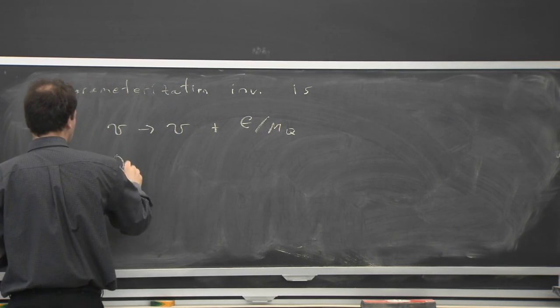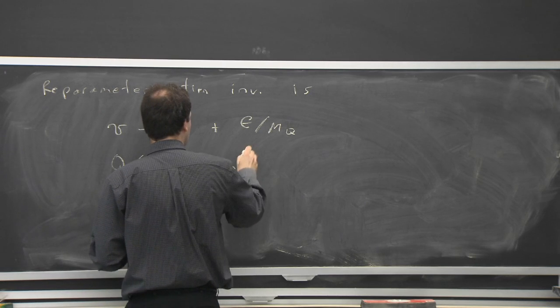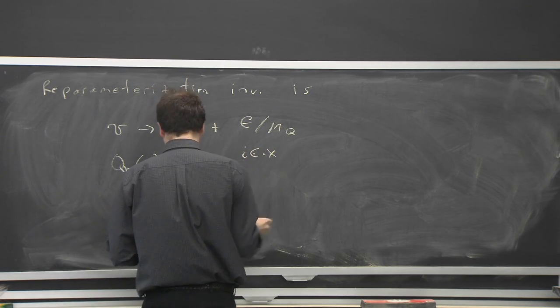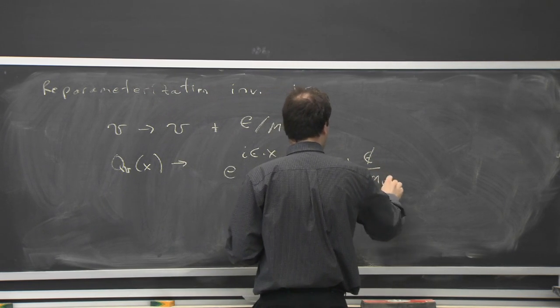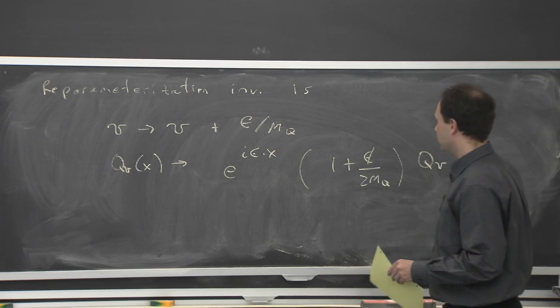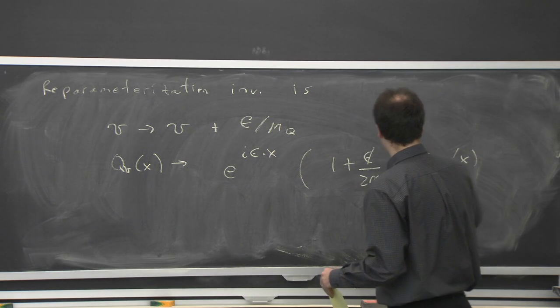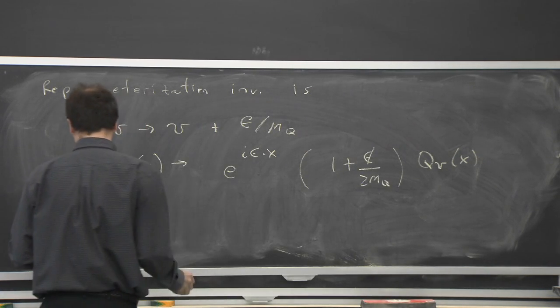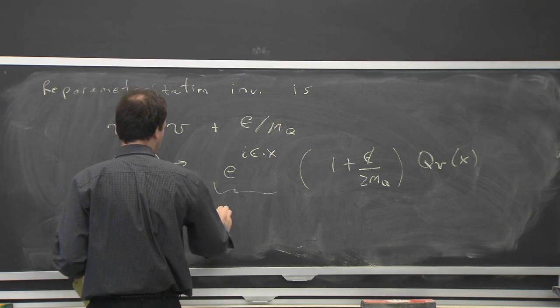And then if I take Q_v of x, that is what I said. There's this epsilon slash over 2m_Q piece. This is the transformation, so it goes to itself plus this extra piece. And the fact that I take it at x adds one little slight wrinkle, and it just gives this extra phase factor.